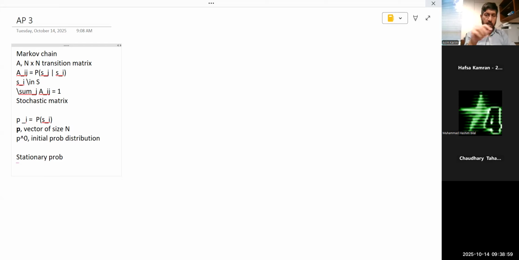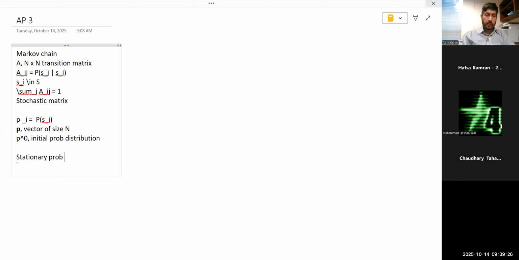So if you run this over a long period of time, then this probability P in some scenarios should stabilize. Okay? There should be no change in this probability P. So this is called the final steady state probability distribution or the stationary probability distribution.